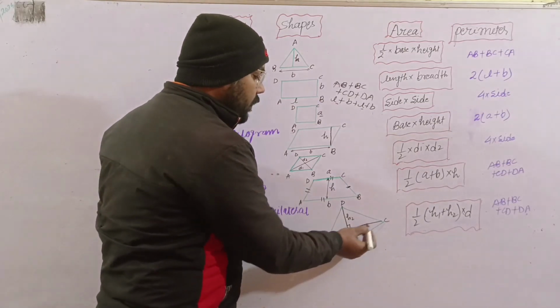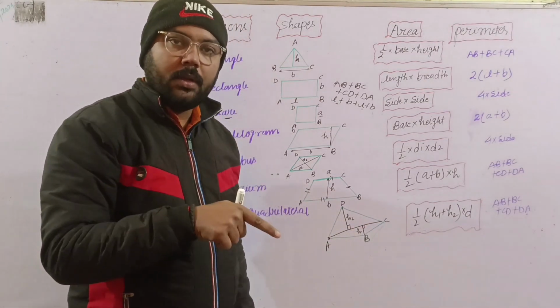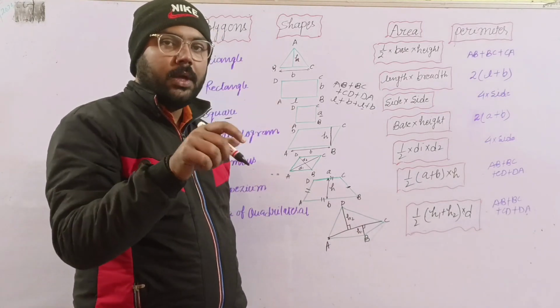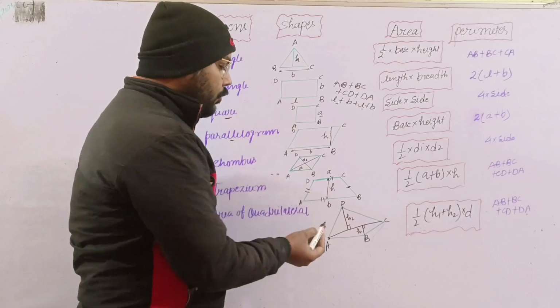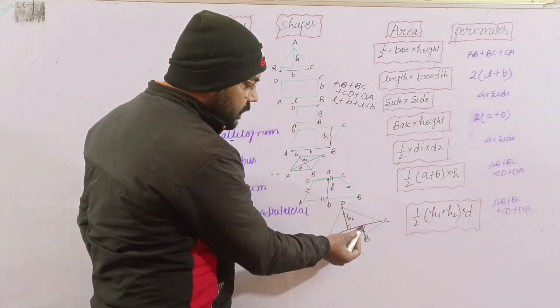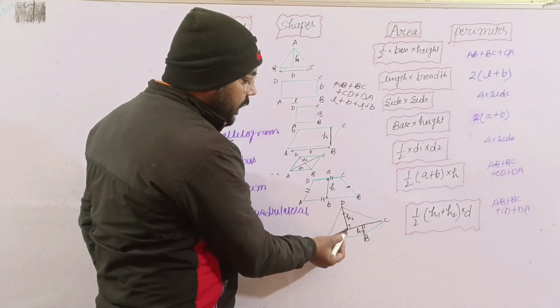After joining opposite vertices, we'll get one diagonal, and there are two other vertices also, and from those vertices we have to draw two perpendicular lines, as you can see here. This is the first height and this is the second height.